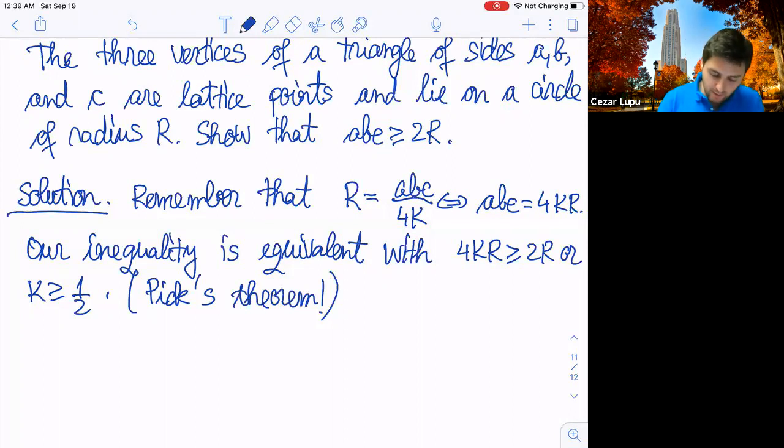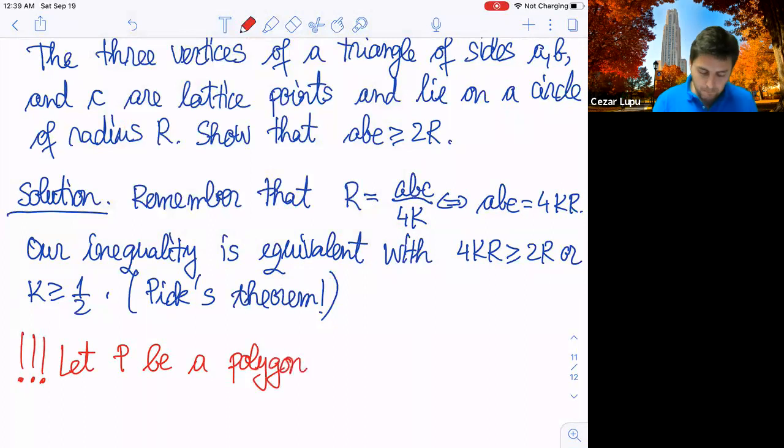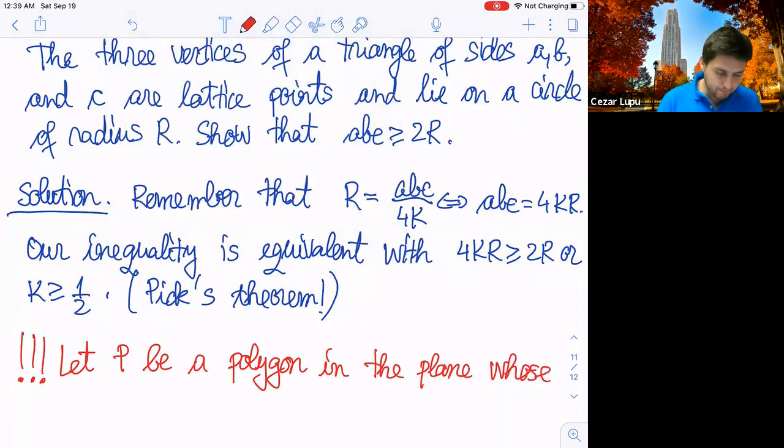So Pick's theorem says the following. Let P be a polygon in the plane whose vertices are lattice points.